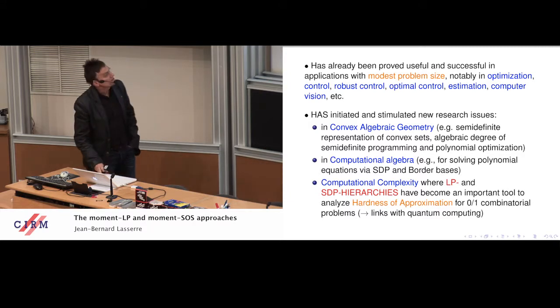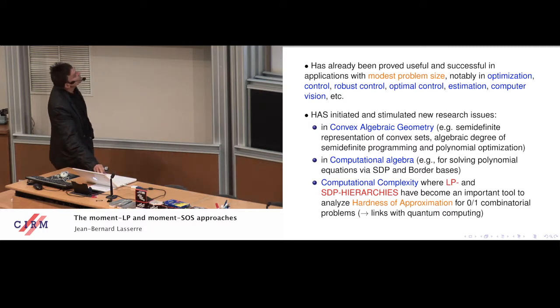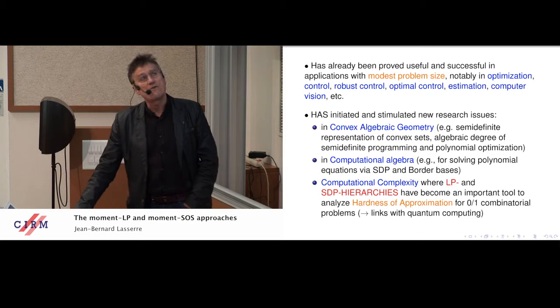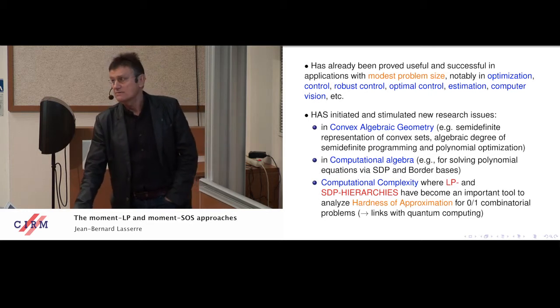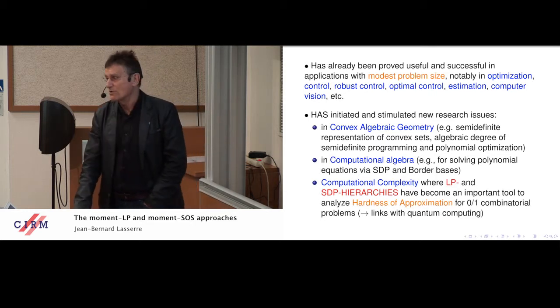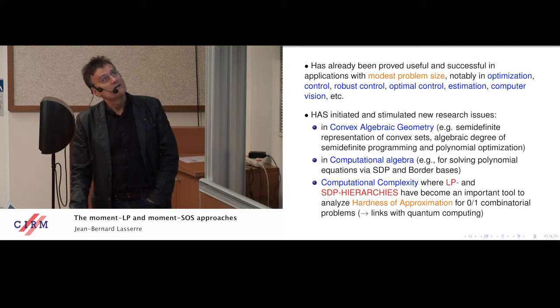So it has already proved useful and successful in application, but so far with modest problem size, right? Well, we are not in paradise yet. Notably in optimization, control, robust control, optimal control, estimation, computer vision, etc.